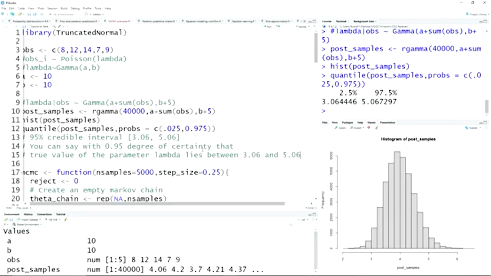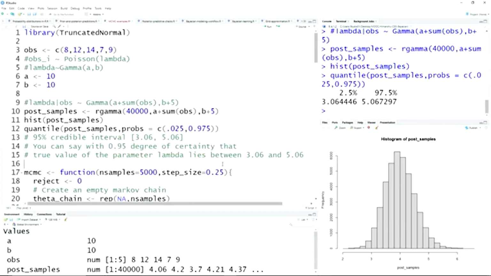We are getting some approximation of the true distribution of lambda, an estimate of that using our data. So if you calculate this 95% range, you can say with 0.95 certainty that the true value of the parameter lies between 3.06 and 5.06.